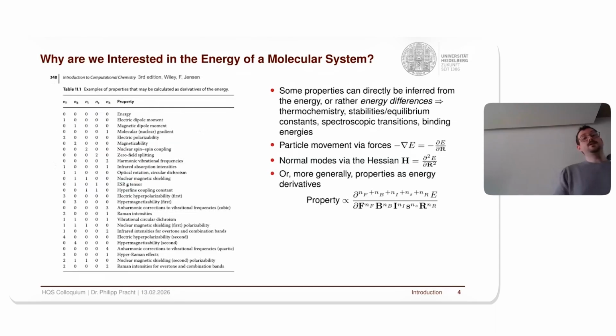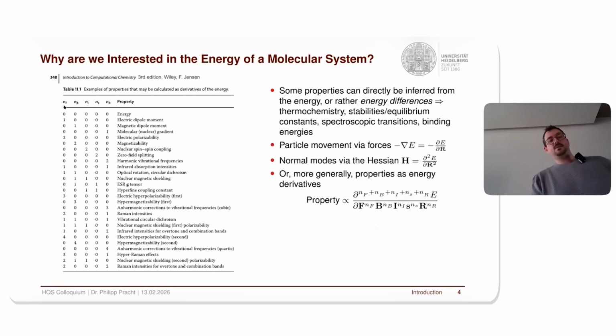More generally, however, you also can derive different properties from the energy as different derivatives. So this is kind of the attempt at a general formula for properties derived from the energy. So you have different partial derivatives of the energy, for example, with regards to internal and external magnetic and electric fields and moments of the molecule or the coordinates.